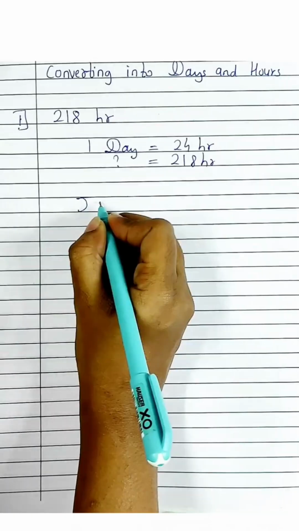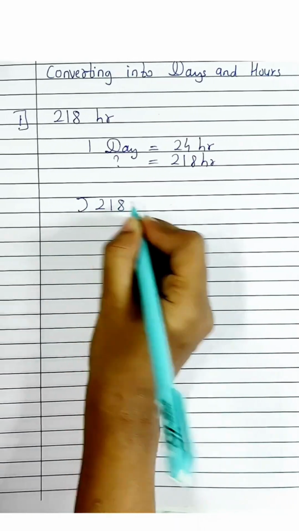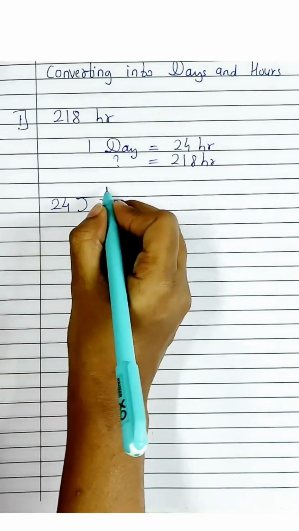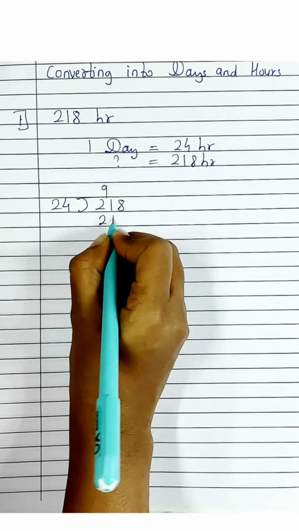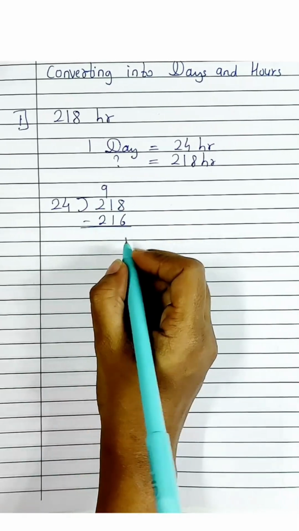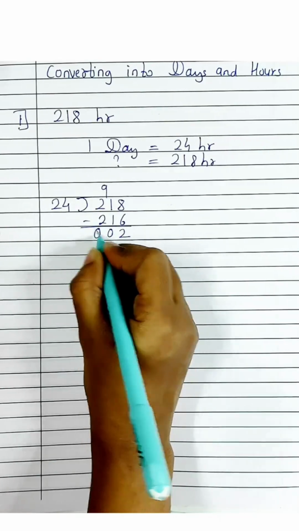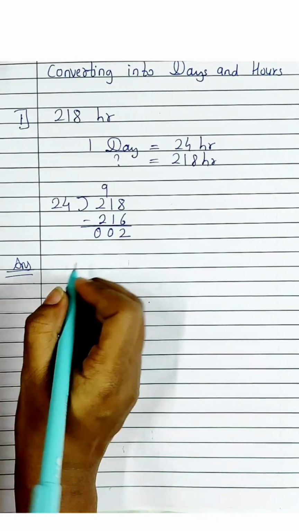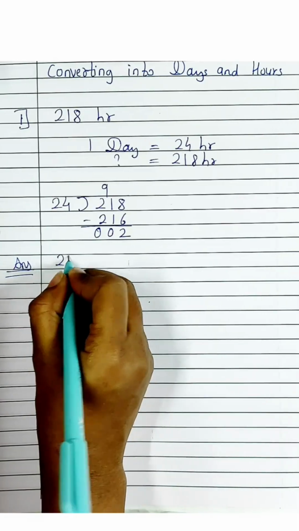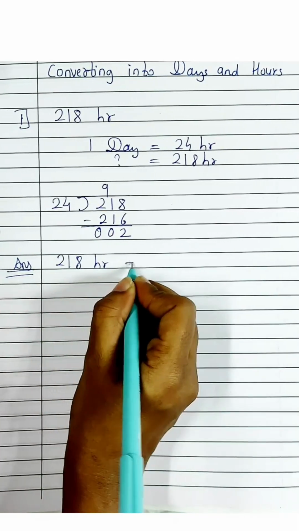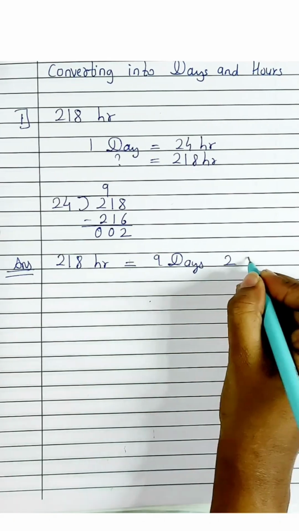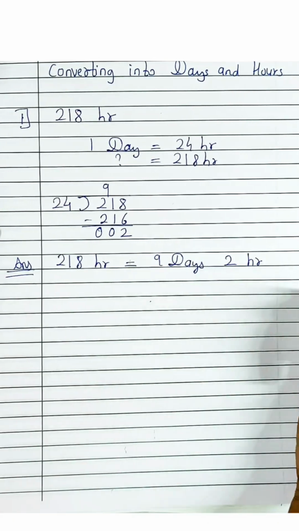Simply you have to divide 218 by 24. So 24 nines are 216. So your remainder is what? 2. So how will you represent your answer? In 218 hours there are 9 days, 2 hours.